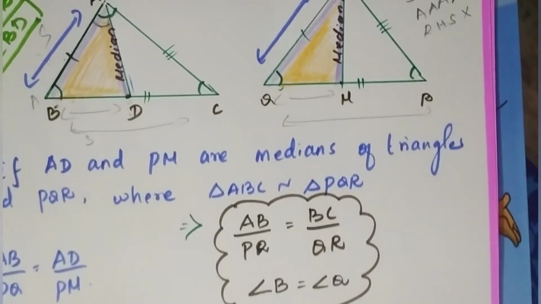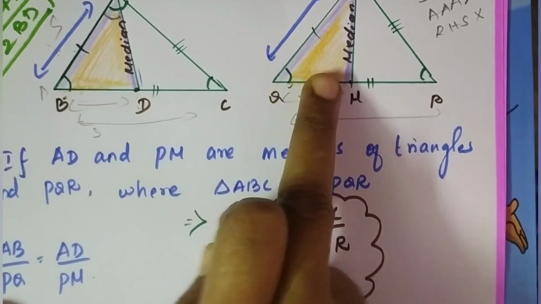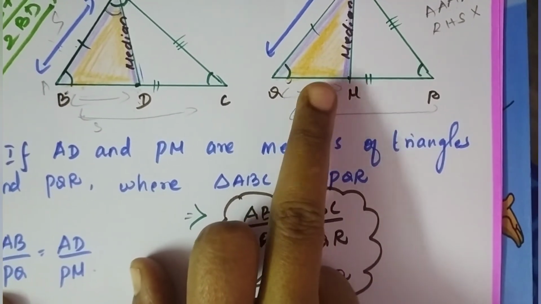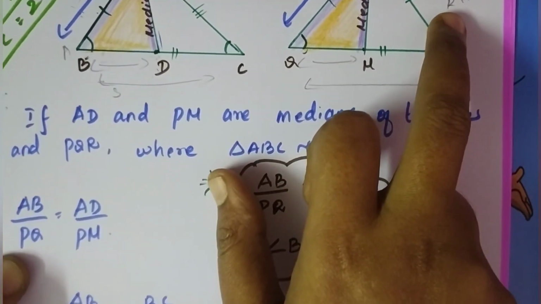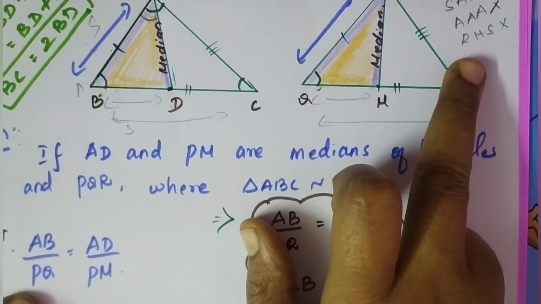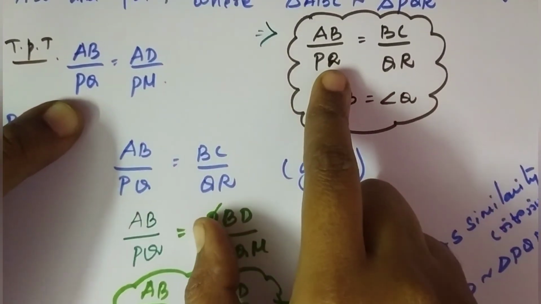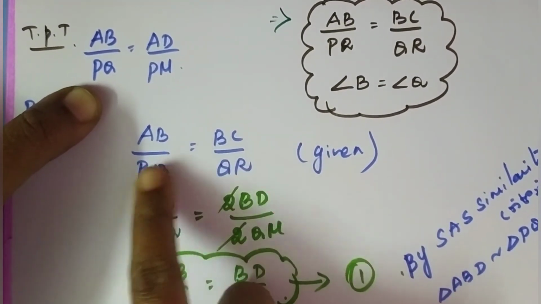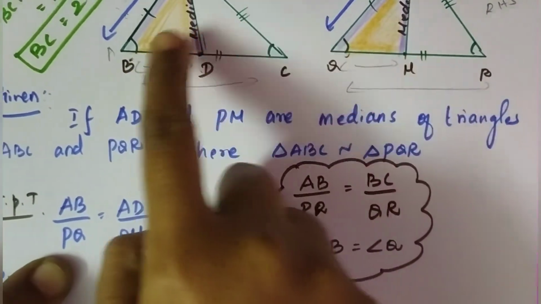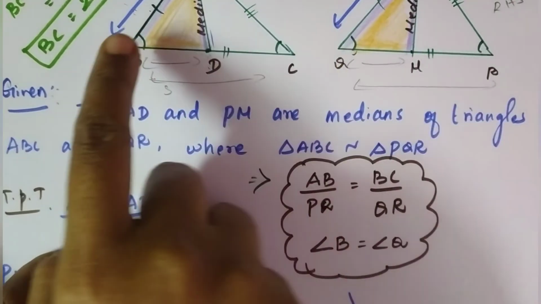So first we have to identify which two triangles we have to take and by which criteria we prove they are similar. After that, from the given we can take the two sides alone, because I am going to take these two triangles only.